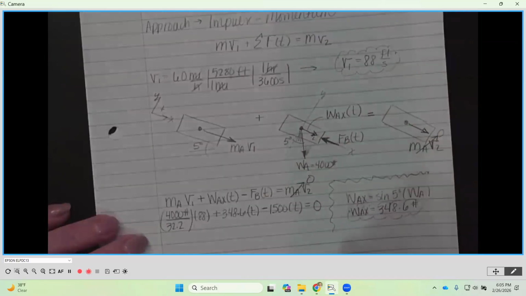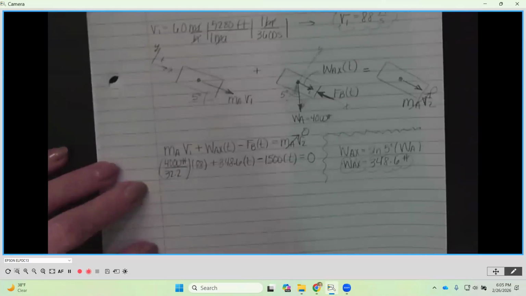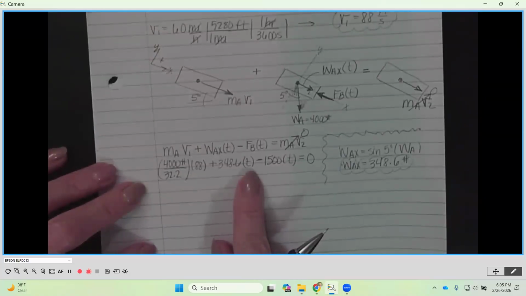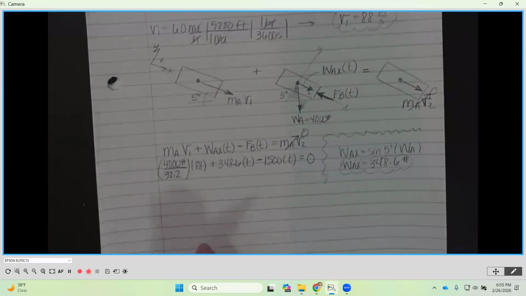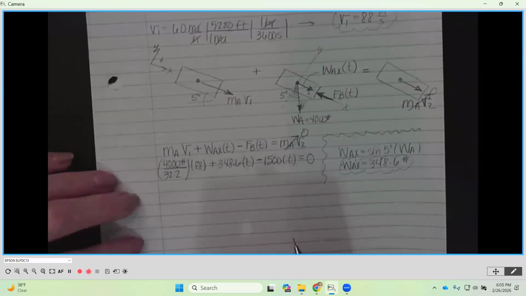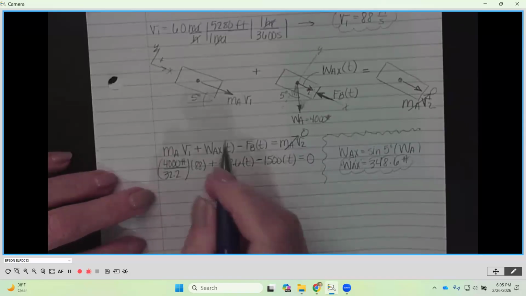As you can see, our only unknown here is the time that it takes to come to a stop. So go ahead and solve for T. I'll write it out here and you can compare.